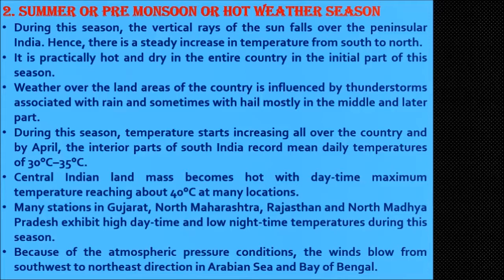And because of the atmospheric pressure conditions, the wind blows from southwest to northeast directions in the Arabian Sea and Bay of Bengal. Because of these changes in the atmosphere, in the Arabian Sea and Bay of Bengal, the wind blows from southwest to northeast direction.